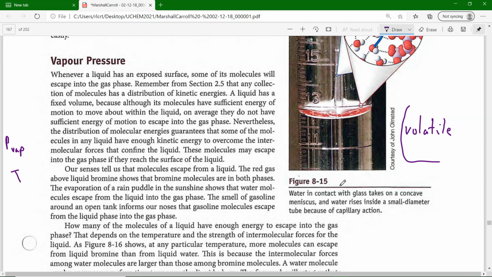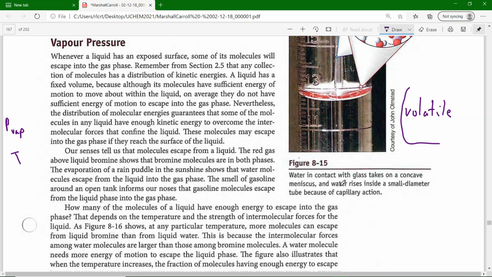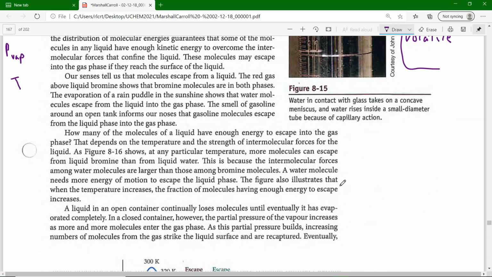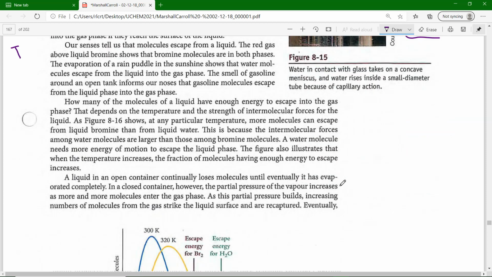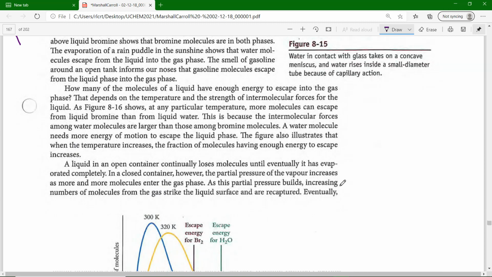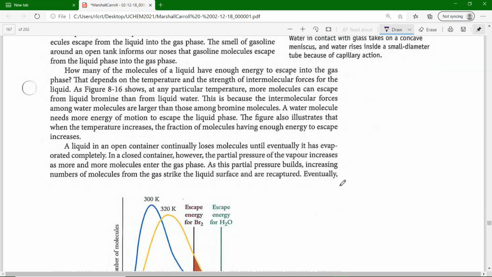Okay, let's see what else we got here. Smell of gasoline around an open tank informs their nose that the gasoline molecules escape from the liquid into the gas phase. Evaporation of a rain puddle talks about that as well. But again, you have to be in an equilibrium system to actually measure the vapor pressure.